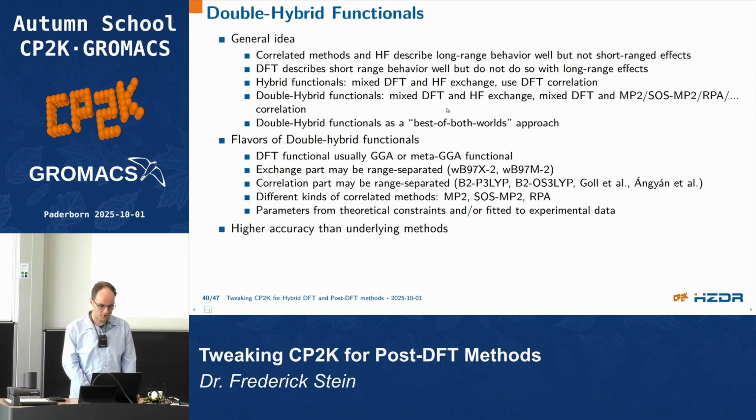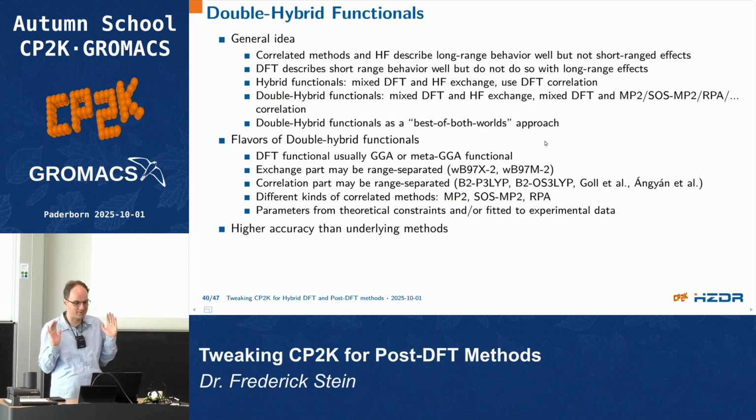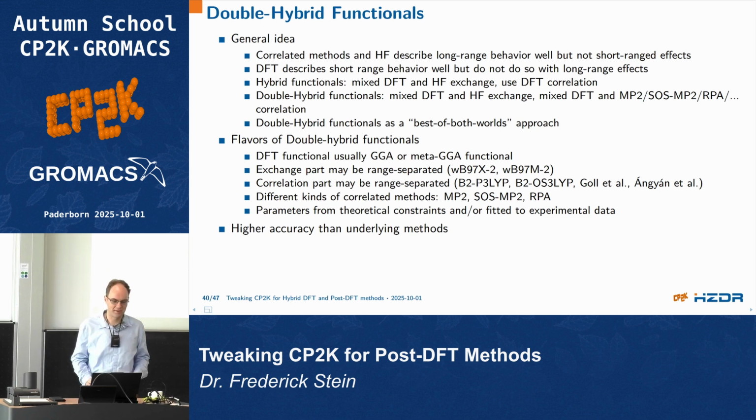Then, as with hybrid functionals, we not only mix the DFT exchange contributions, but also the DFT and then MP2 same-spin, opposite-spin, and RPA correlation contributions. So basically, the double hybrid is the best of both worlds that we can do for now.